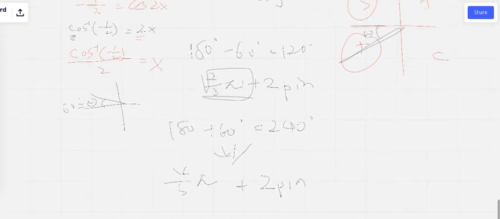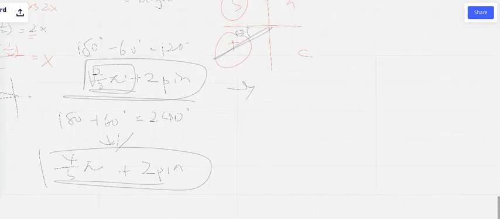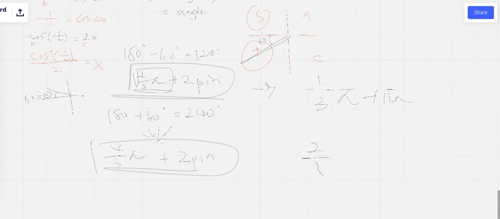Therefore, with these answers you need to divide it by 2. And now you will have 1/3 pi plus pi n and 2/3 pi plus pi n.